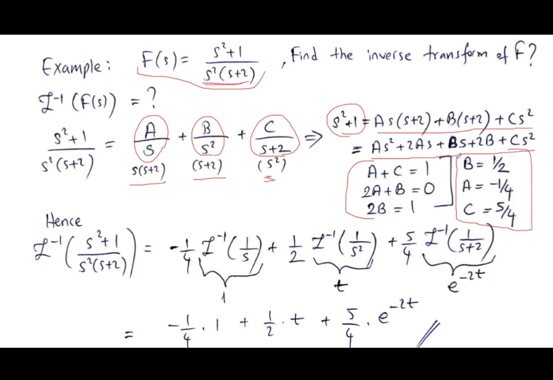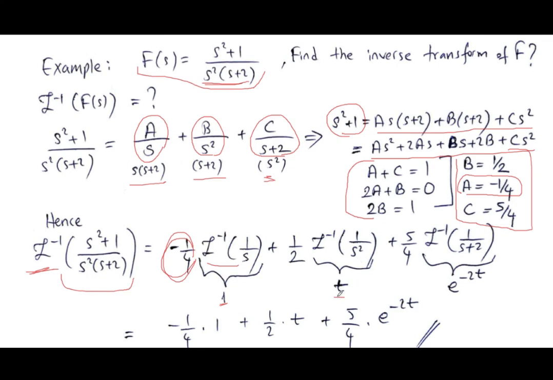And finally, we need to combine all these results together. An inverse Laplace transform of this expression is now given by this minus 1 over 4, because we calculated this A, so that is minus 1 over 4, as you see, and then the inverse Laplace transform of 1 over s. But we know that this is just 1, so we have this constant minus 1 over 4 times 1. And then what about the inverse Laplace transform of 1 over s squared?